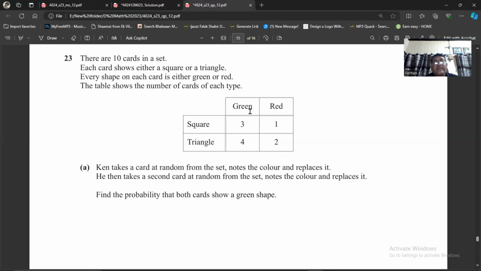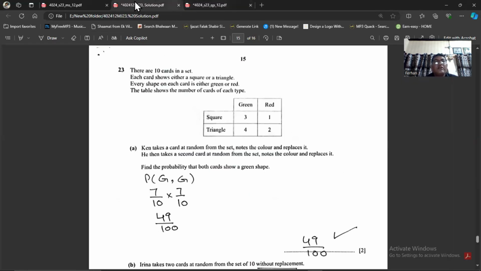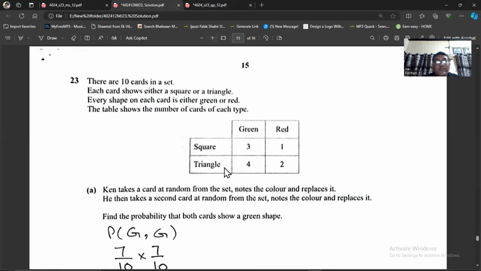So the green cards are 7 in total and the total number of cards is 10. So it will be 7 by 10, that will be the first card. Multiply, then you will have 6 by 9. So let me show you. Sorry, this says replaces it. This sentence is very important. You see, what does it say? Ken takes a card at random from the set, notes the color, and replaces it. It puts the card back.